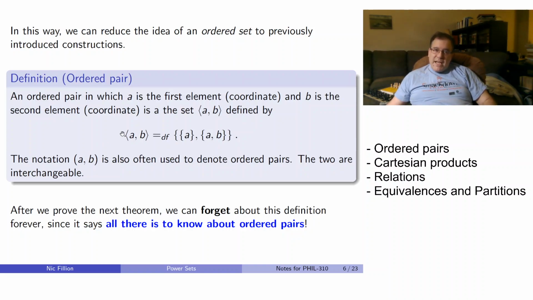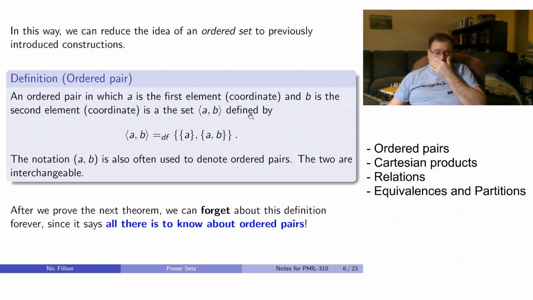Often, instead of the angle brackets, parentheses are used in order to denote ordered pairs. The two notations are completely interchangeable, so you really can just use the one that you happen to prefer, but angle brackets are kind of nice, I think. Now, we're going to use that definition to prove one important property of ordered pairs based on that definition.